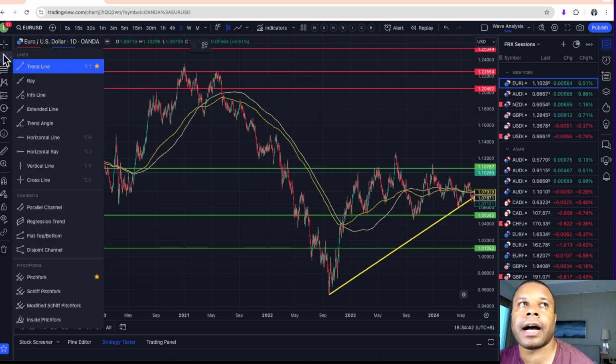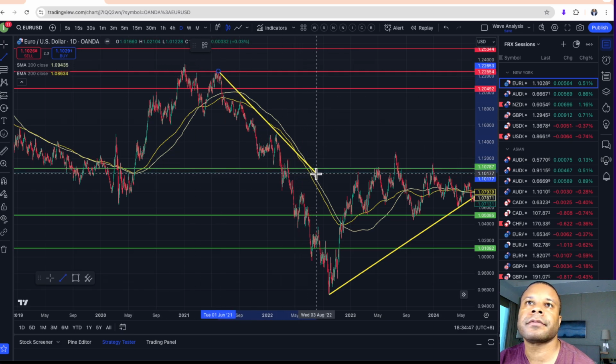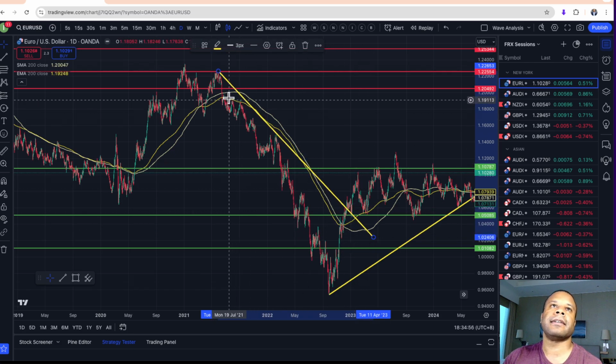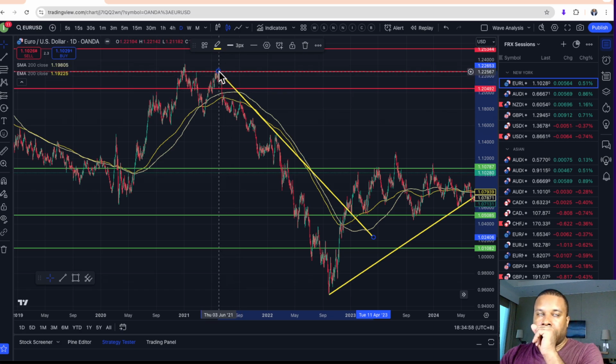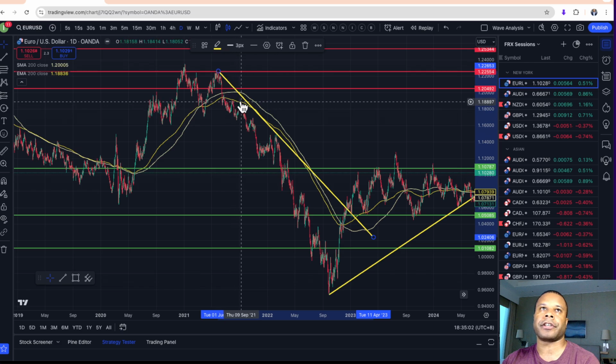are like dynamic support and resistance. Look, the trend is here, right? You can see this trend, it got broke. And just like my static trend line, or static trend resistance, the market is following it.